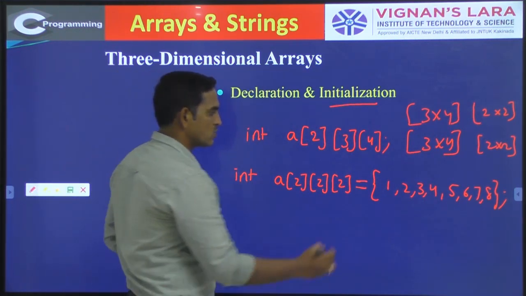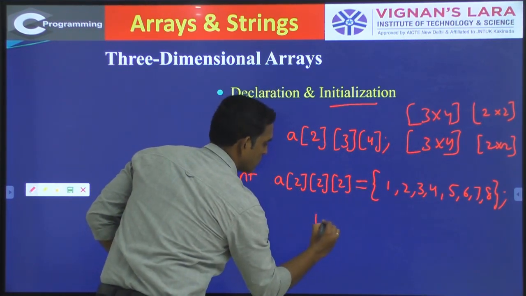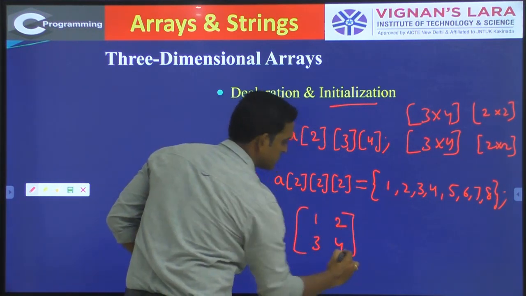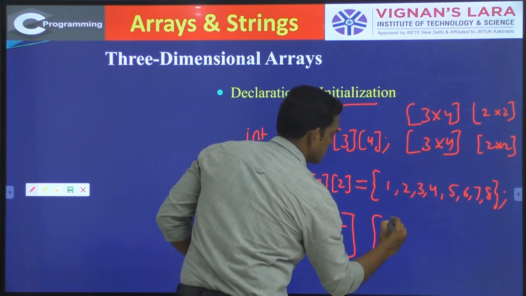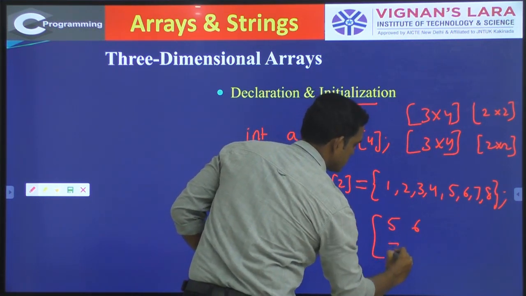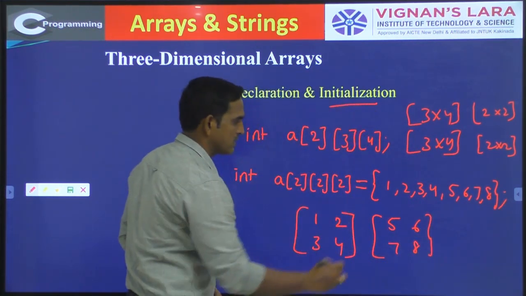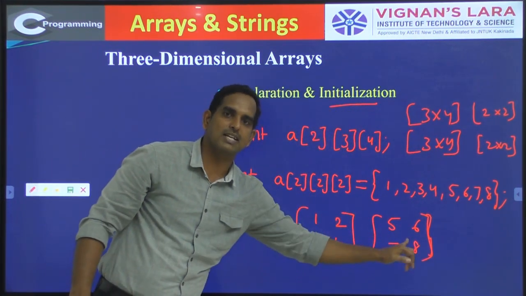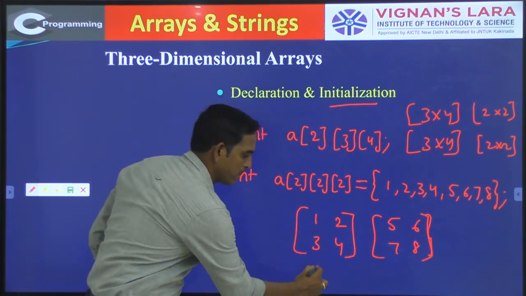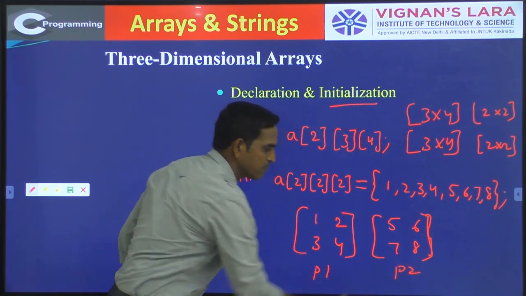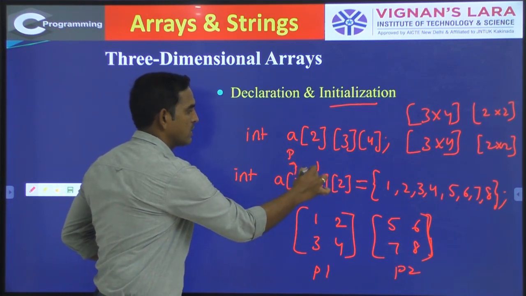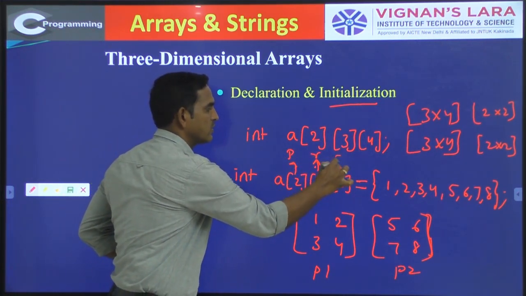So 1, 2, 3, 4 will be present as the first matrix in the first plane, and 5, 6, 7, 8 will be present as the matrix in the second plane. This will be plane 1, this will be plane 2. This represents your planes, this will represent your rows, this will represent your columns.